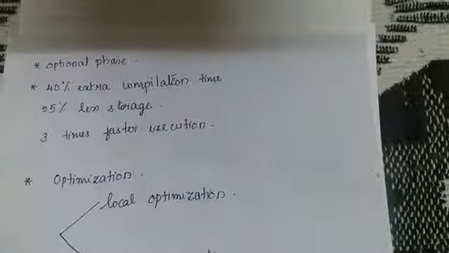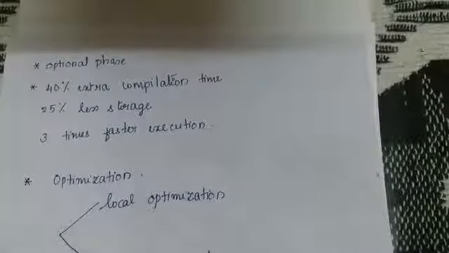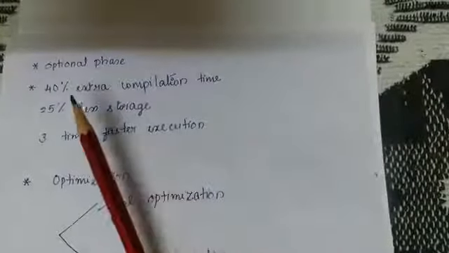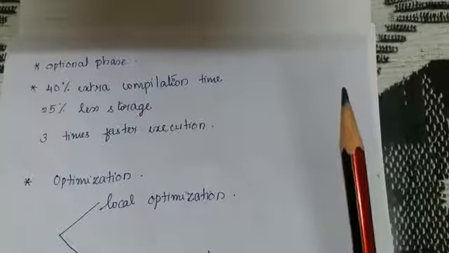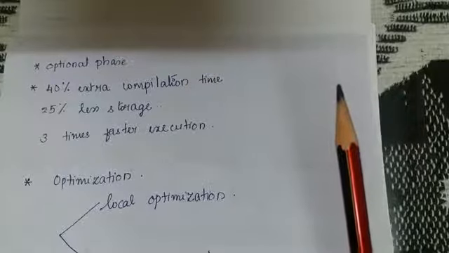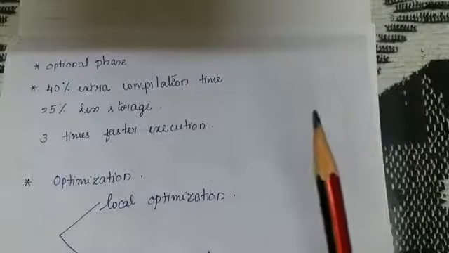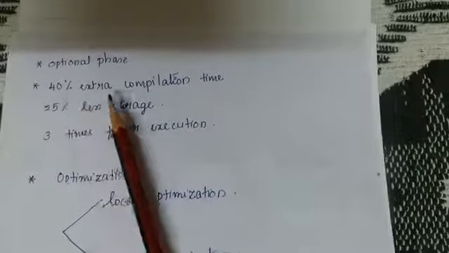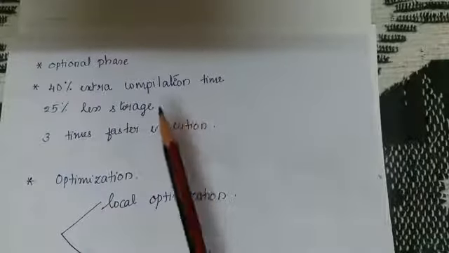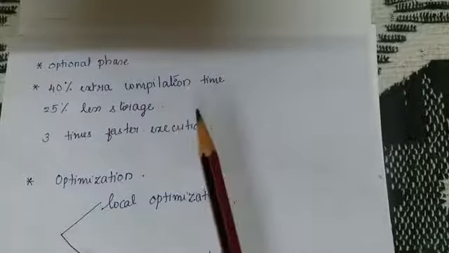The code optimization phase is an optional phase. We can generate the target program without going through the code optimization phase. Why? Because it will take 40% extra compilation time. To avoid that, you can make it optional.